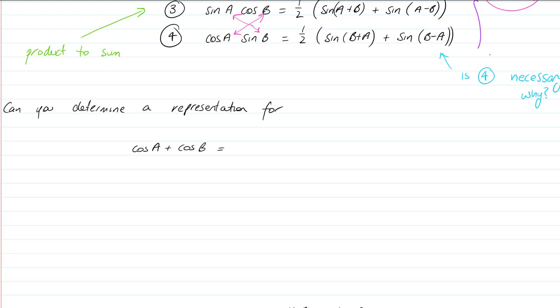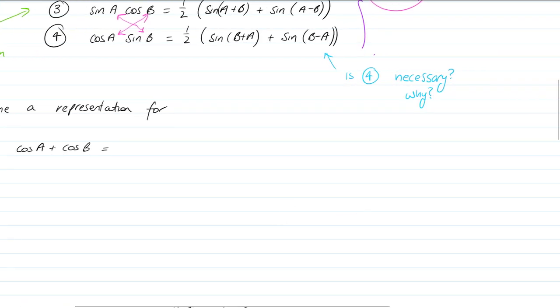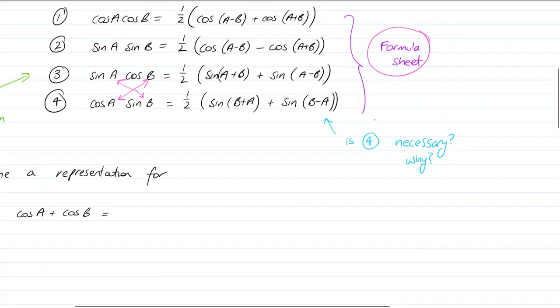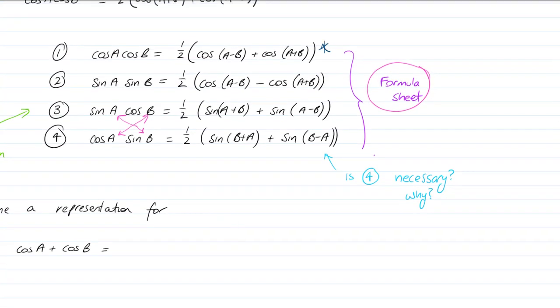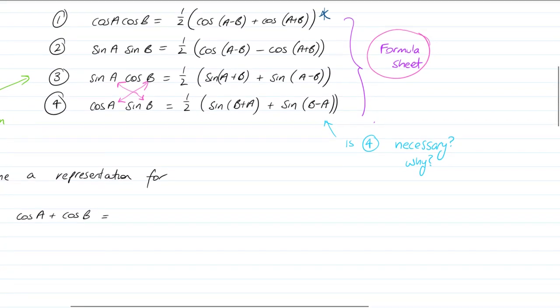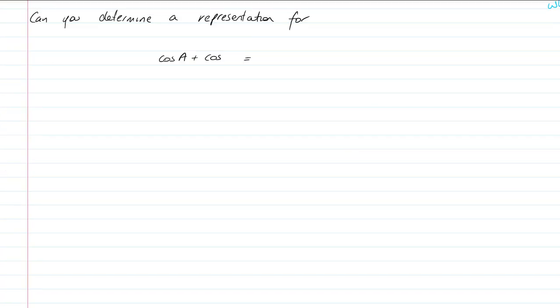So I'm going to shoot across to the side with my blue pen and do a little bit of work first, because I'm going to build an understanding of cos A plus cos B, but from this format here. Well, I've kind of got cos A cos B, but I don't. I've actually got cos of A minus B and cos of A plus B. Okay, so over on the side here in pink, I'm going to say, well, what if we let A equal x plus y and B equal x minus y?